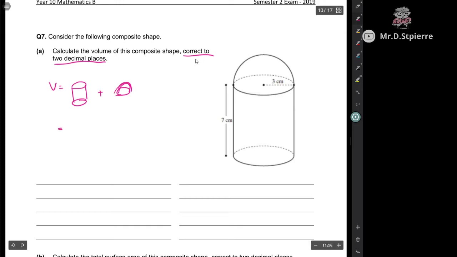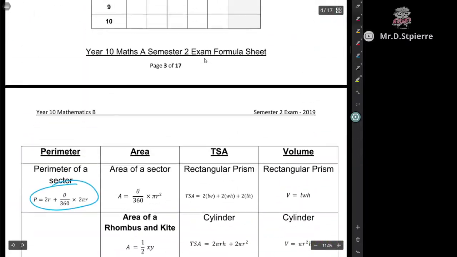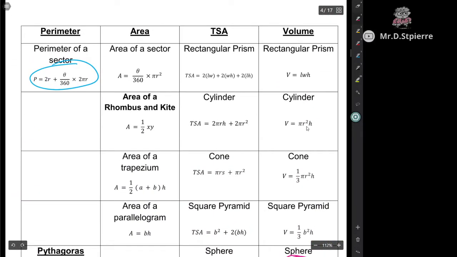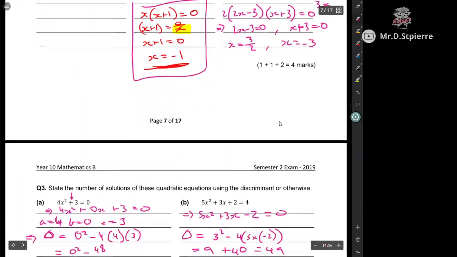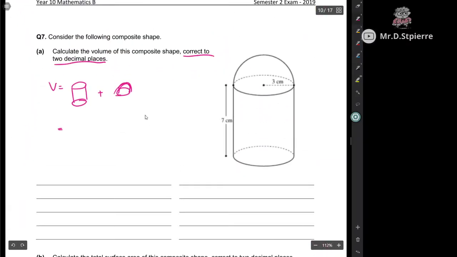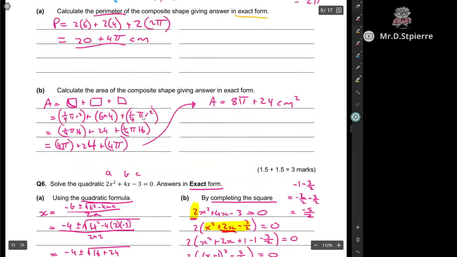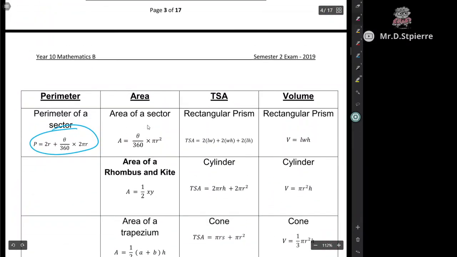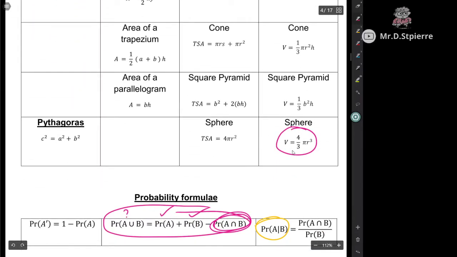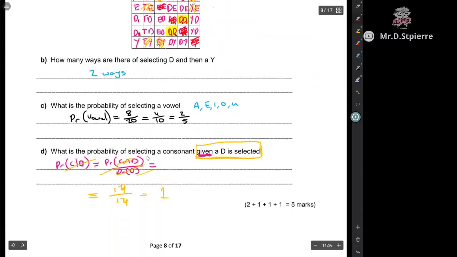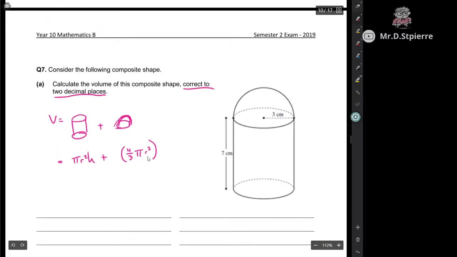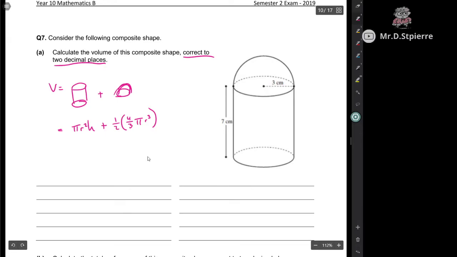If we go up to our formula sheet, the volume of a cylinder is pi r squared h, plus the formula for the volume of a full sphere, which is 4 on 3 pi r cubed, if I remember correctly. Let me double check. Volume of a sphere, 4 on 3 pi r cubed, correct. Okay, but we only have half of it, so we put a half on top.